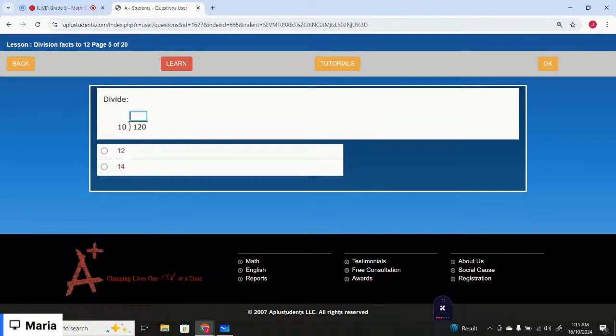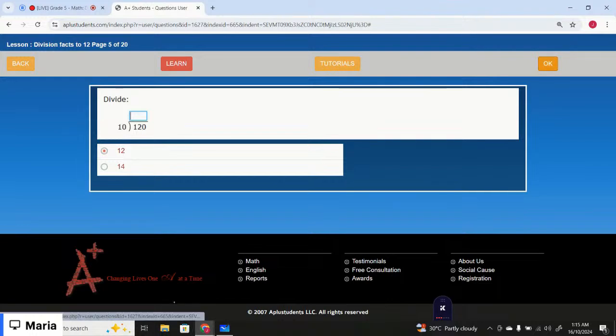120 divided by 10, which is the correct option? 120 divided by 10 equals 12.